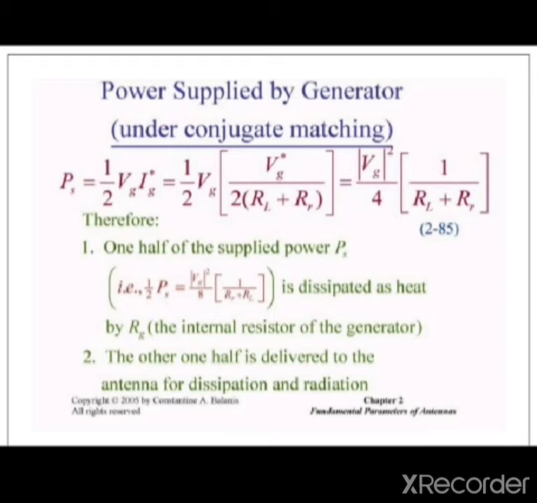So the supplied power PS is Vg square by 8 into 1 plus RR by RL. One half of it, RR plus RL, is dissipated as heat in RG, the internal resistance of the generator. The other half is delivered to the antenna for dissipation and radiation.